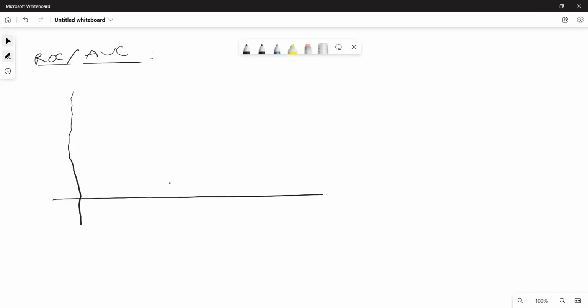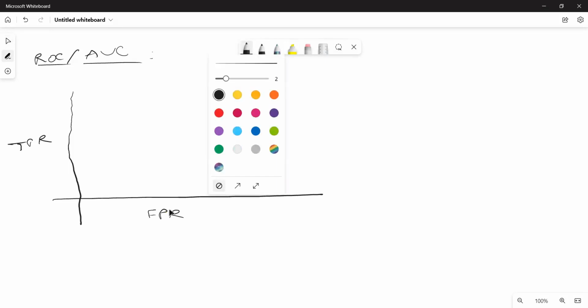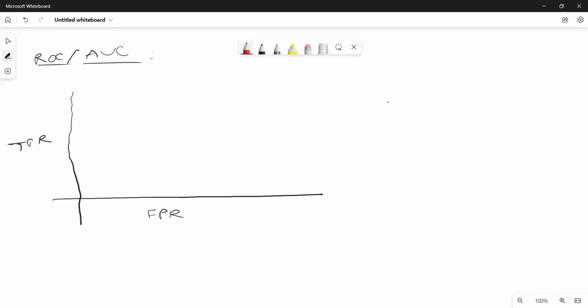One is the true positive rate along the y-axis and the false positive rate along the x-axis. And it is going to do this against a dummy model. Let's assume that I have a dummy model, which is something that is 50% accurate.